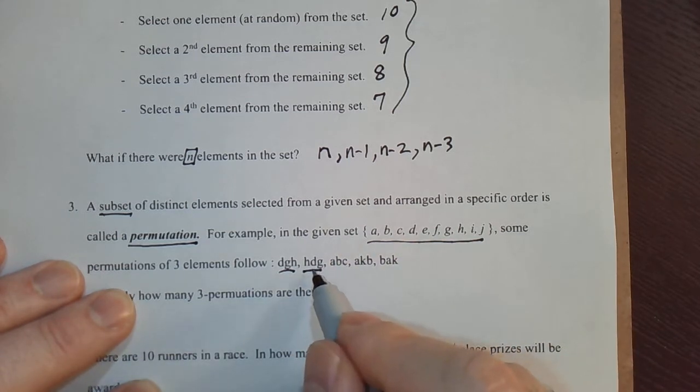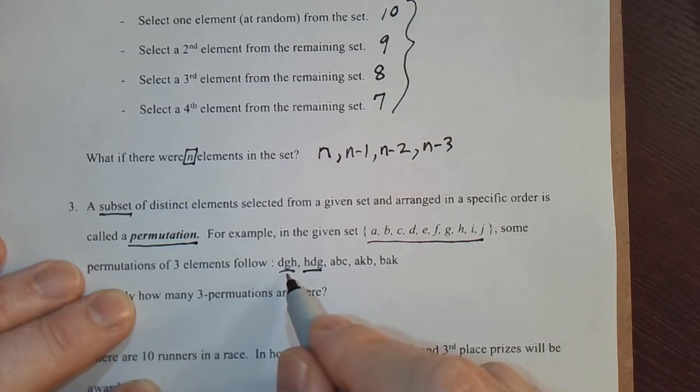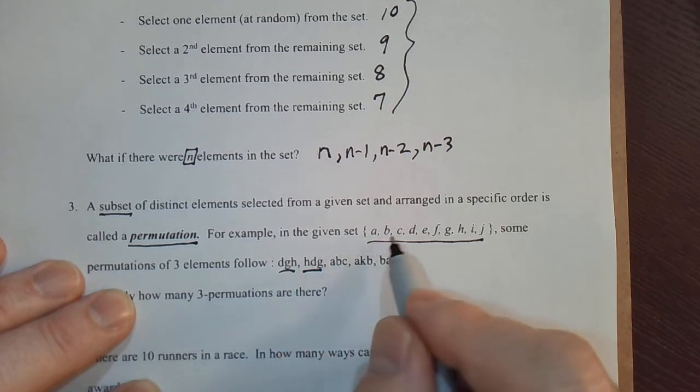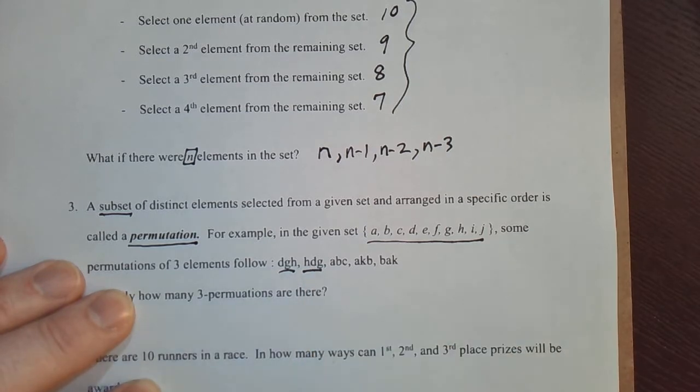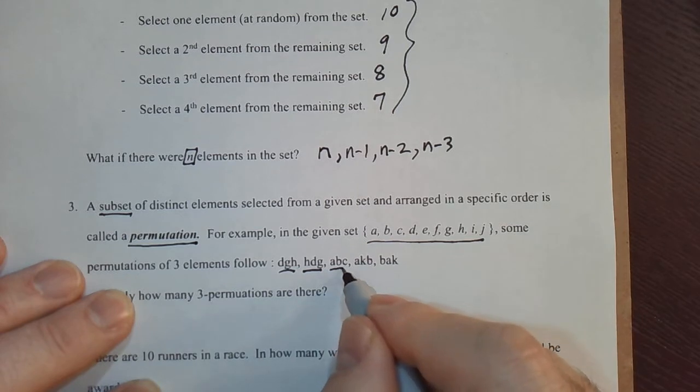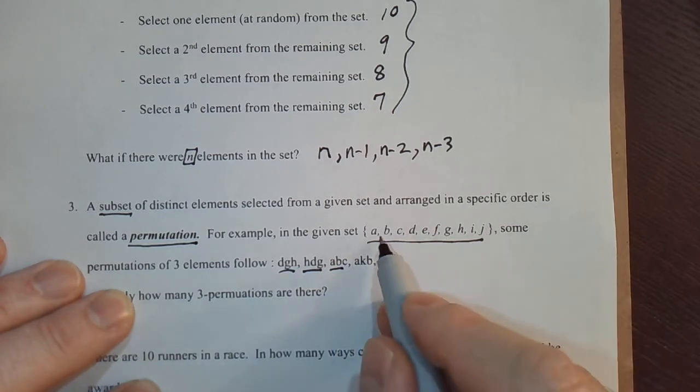It's brand new. It's completely different from this. It uses the same elements, but it's in a different order. The permutation order matters. Here's another permutation, A, B, and C, the first three elements in that order.